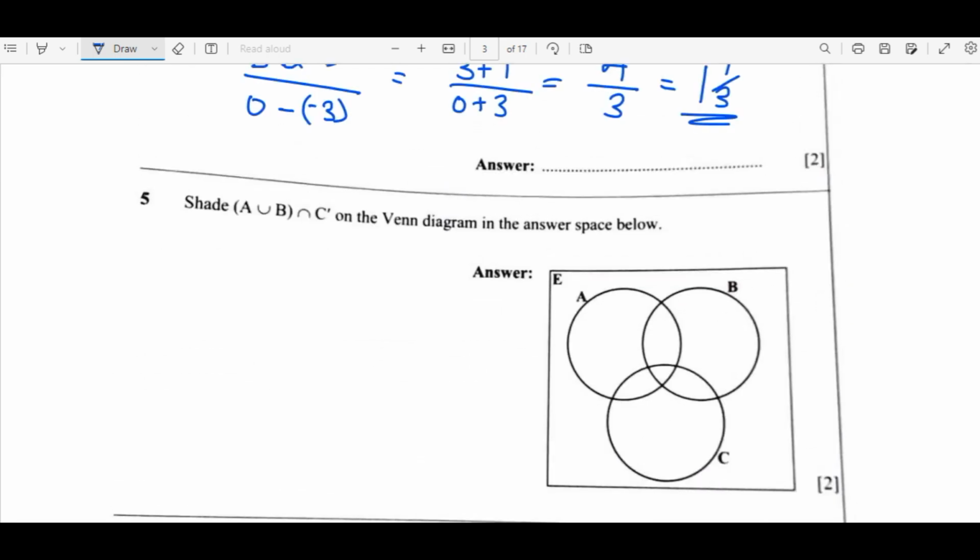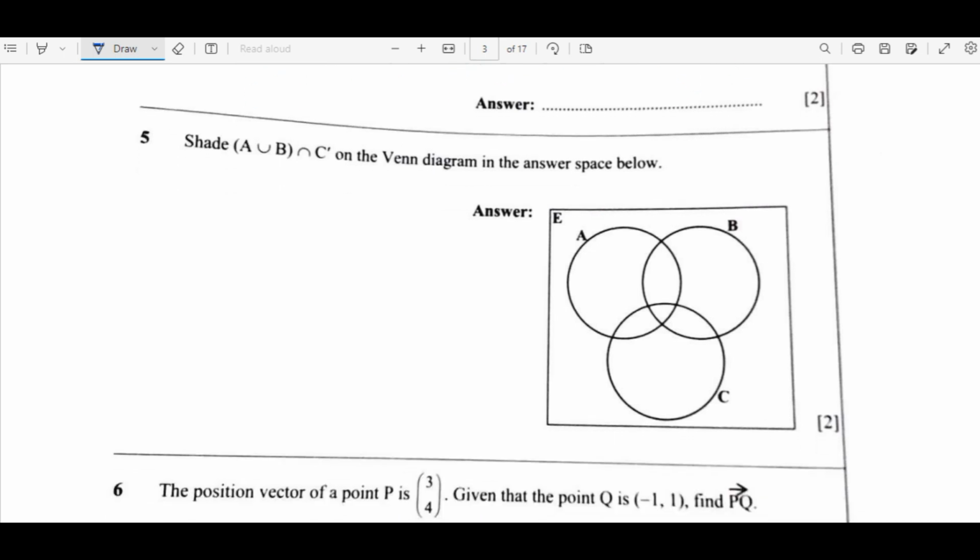Question 5 is: shade A union B intersection C complement. Mark that there is a complement there, on the Venn diagram in the answer space below. So we've been asked to answer this question using the Venn diagram given here.